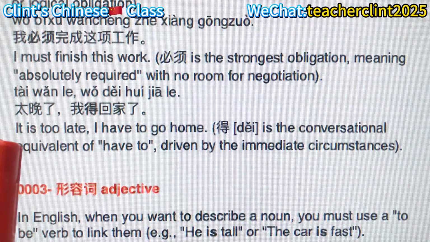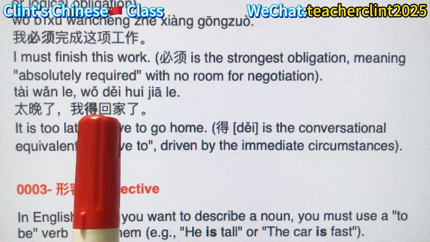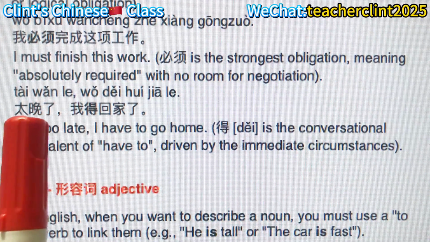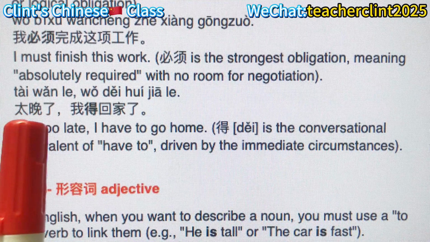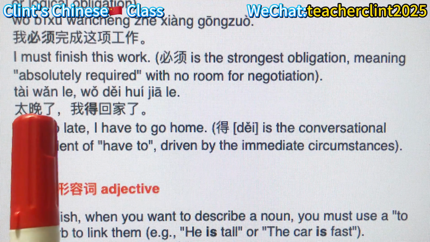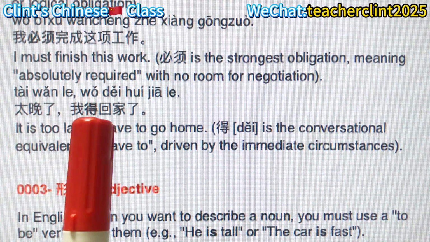And next one, it is too late. I have to go home. 太晚了，我得回家了。So 太晚了 too late. Here as the adjective, as the predicate, we just omit the 'it', omit the subject.